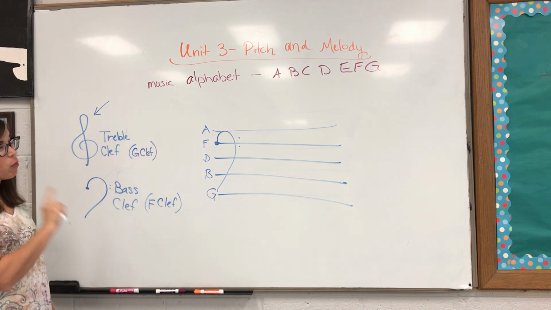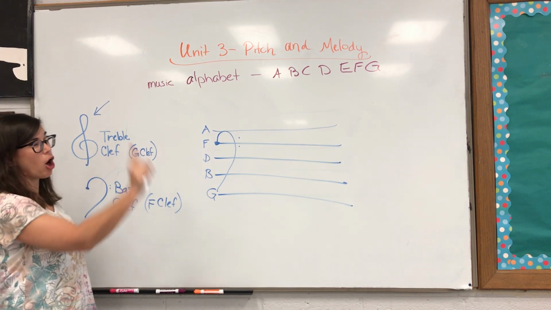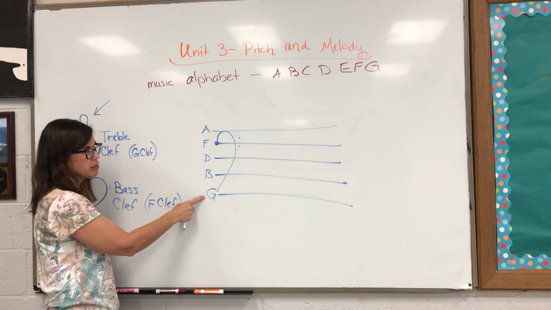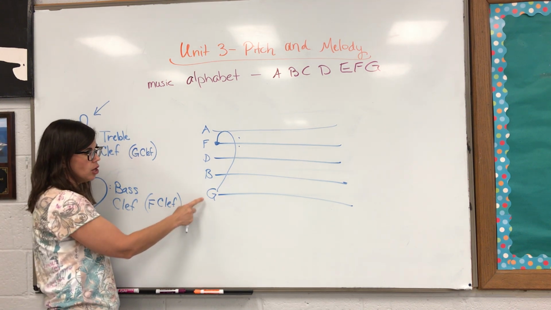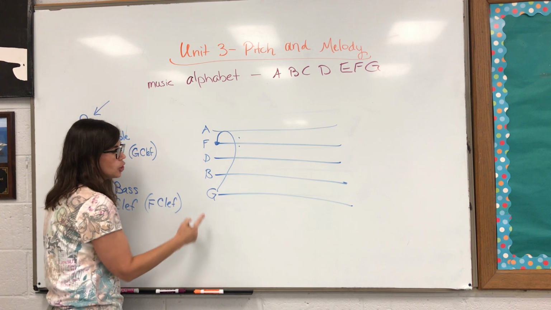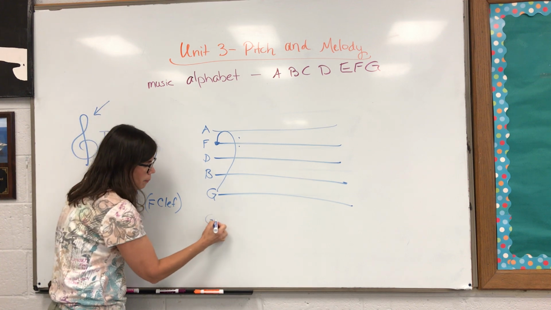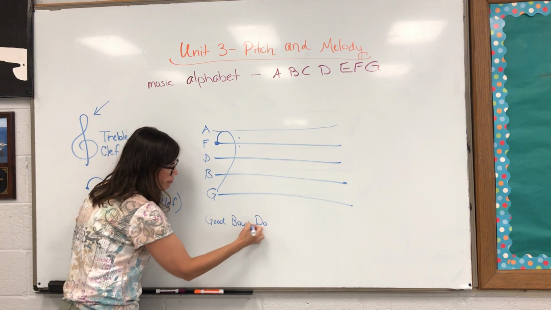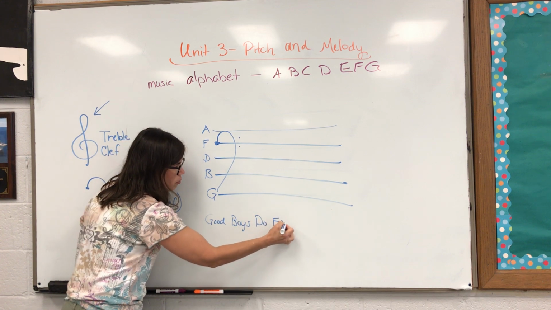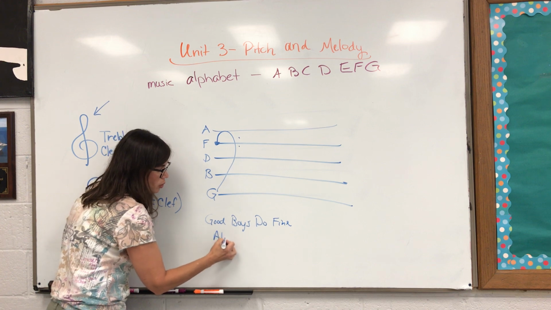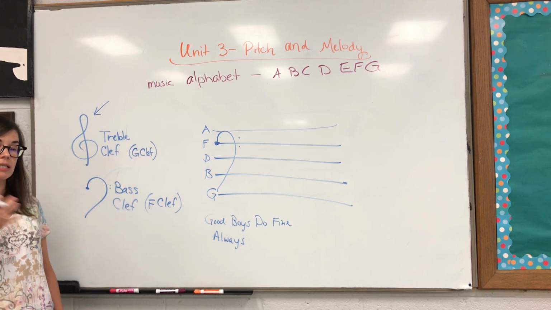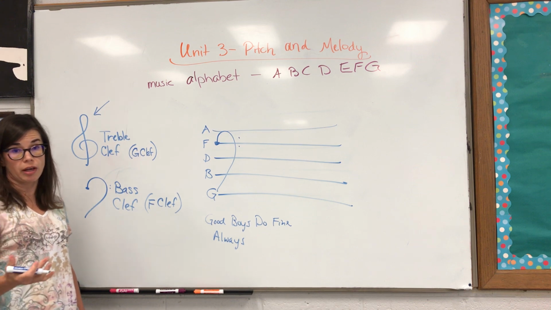Remember, you're probably going to want to copy all of this down into your music binder. Pause it here so you can copy the sentence for the lines of the bass clef. You need to write out, good boys do fine always. And I hope that you went back when I was doing the treble clef and wrote the sentence down for the treble clef.